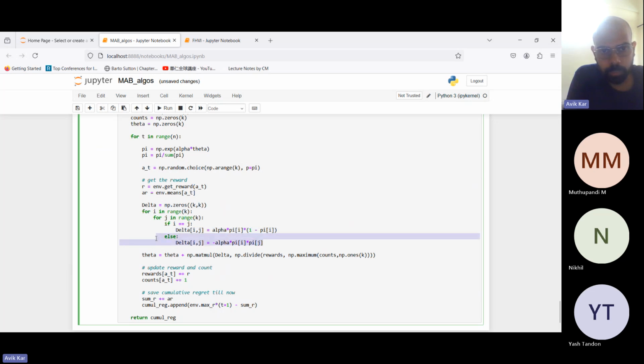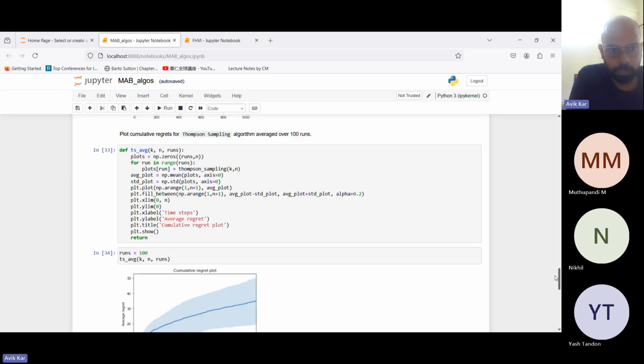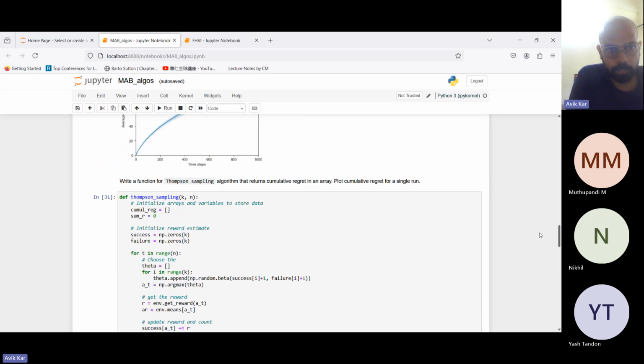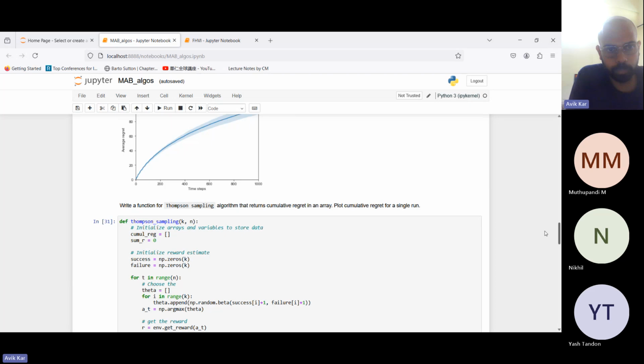That seems fine, but yeah, let's move on. Then we are updating the vector theta, and hopefully, these last steps are most crucial, I think. If an error occurs, it will occur here. Then we are summing up the reward and keeping the estimate counts, and this is the regret we are calculating. Hope the things are fine. Then let us run this code and see what happens.